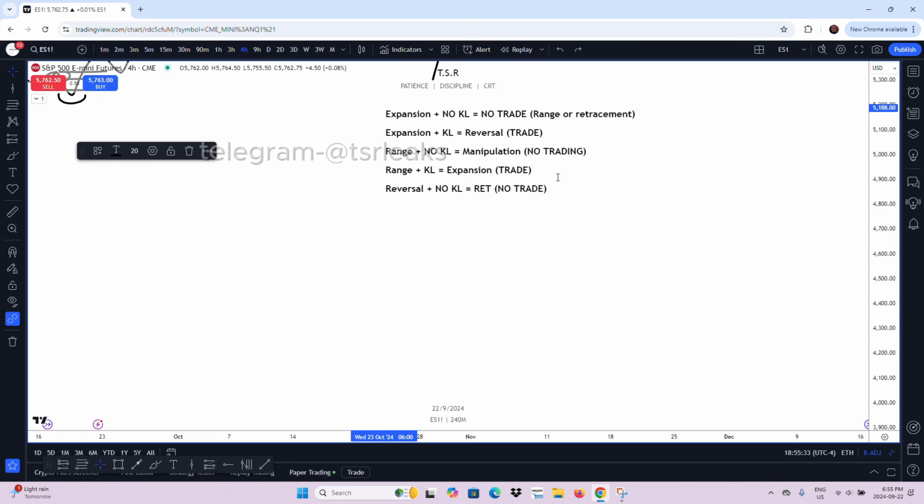Okay? When I'm talking about no trading, it means the beginners should not be trading. RET stands for retracement. Let me just write retracement to not confuse anyone. Reversal plus no key level equals a retracement.